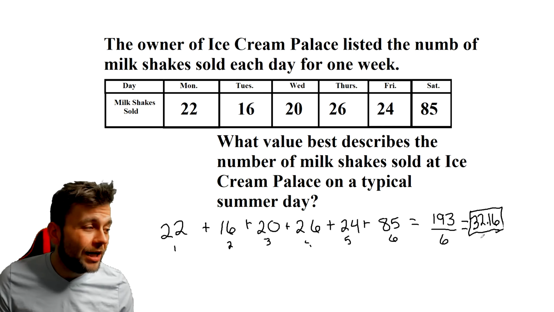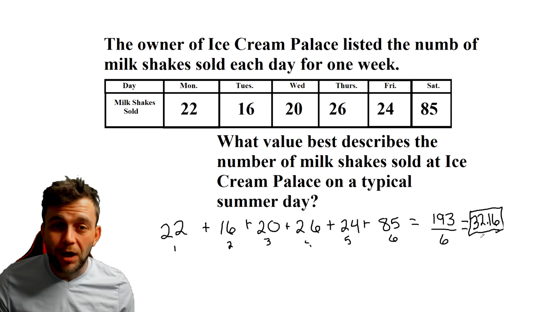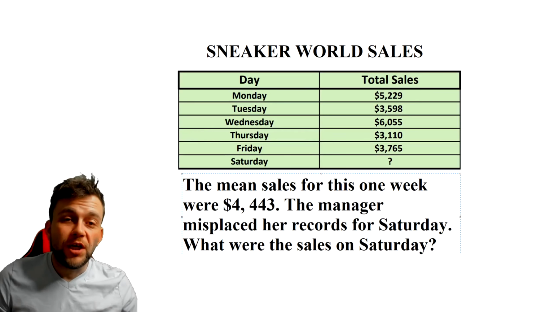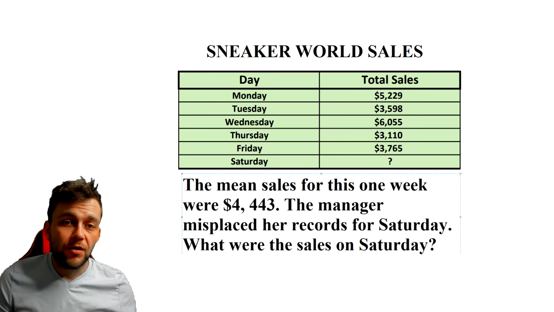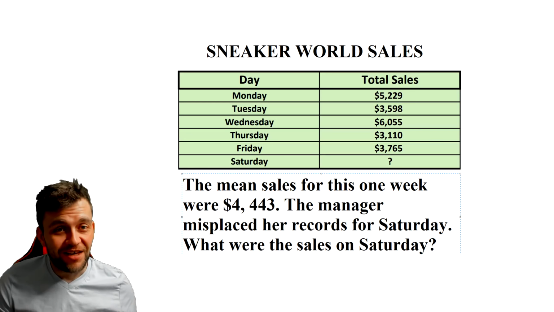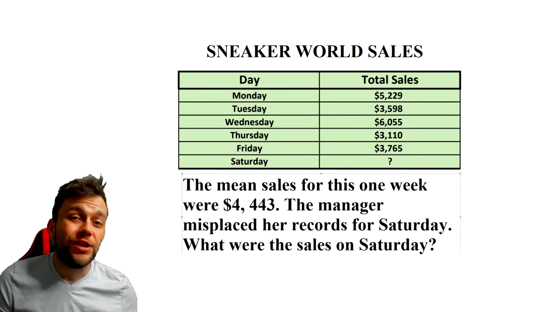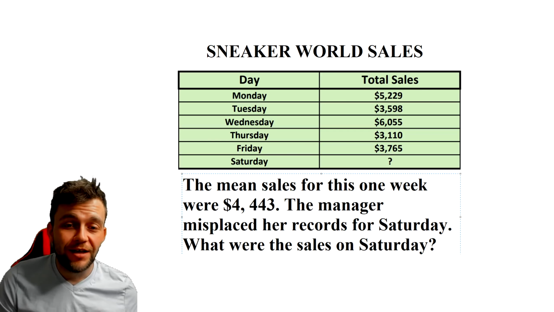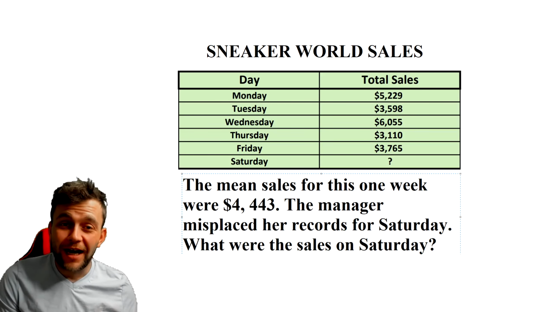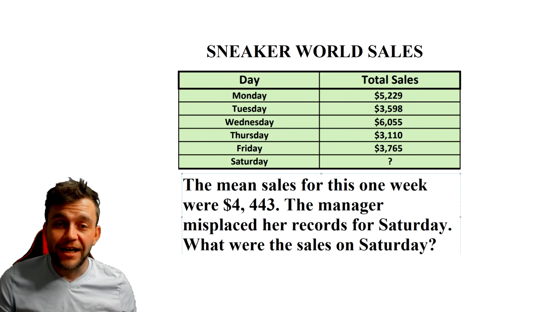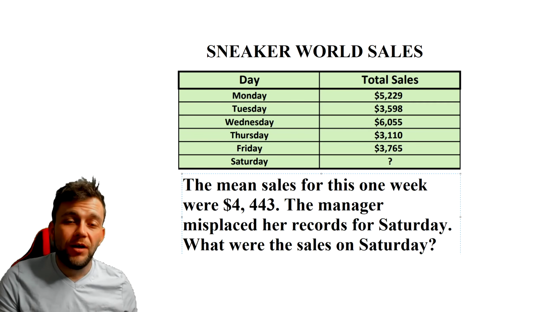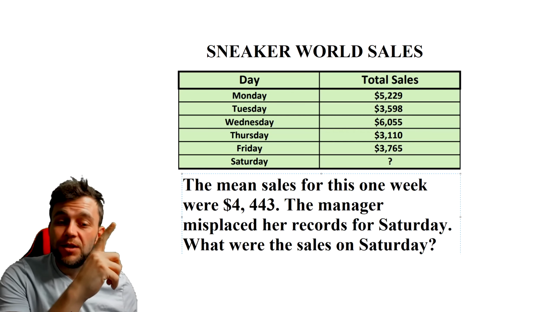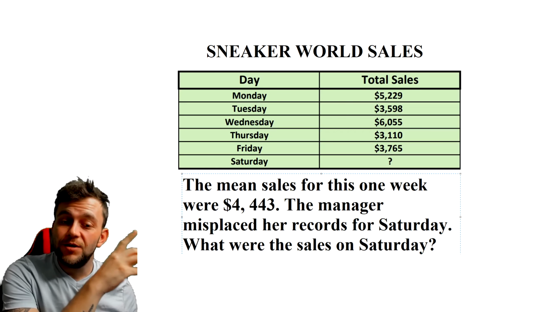Let's move on and find another example problem for you. So here we have our next example of a mean question, and it is a little bit mean, but a mean question that you'll find on the GED. We get this diagram, which is our data set of numbers, and it's Sneaker World sales for the week. So they have your days of the week along with the sales of each day.